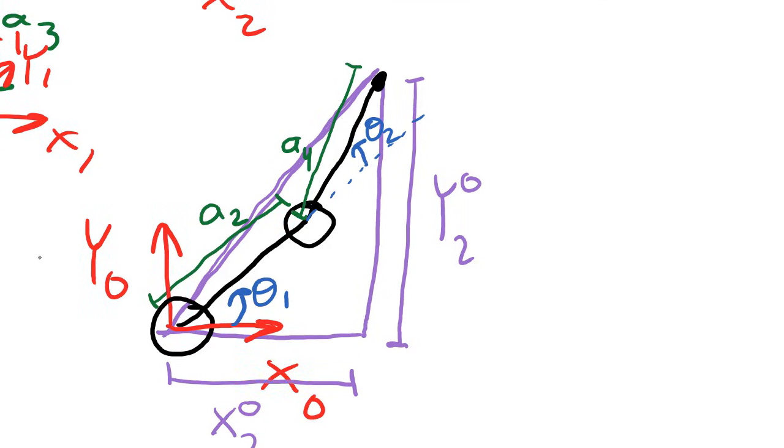The other triangle that will help me solve this problem, I'm going to draw in brown. That triangle is this one. The purple triangle is a right triangle, and the brown triangle is not a right triangle.